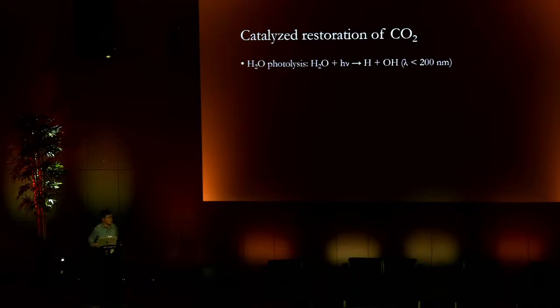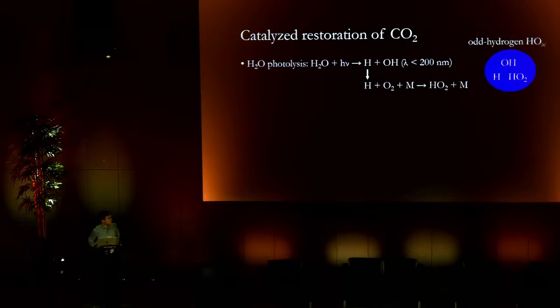So if we have more CO2 in the atmosphere, there can be UV shielding by the CO2, which protects water vapor from being photolyzed. The produced atomic hydrogen can then combine with molecular oxygen to form HO2. And now we have the 3 members of the odd hydrogen family, which is also called HOx, which include H, OH, and HO2. They are the most important catalysts in Mars photochemistry.